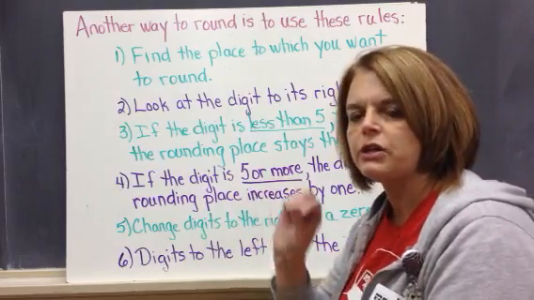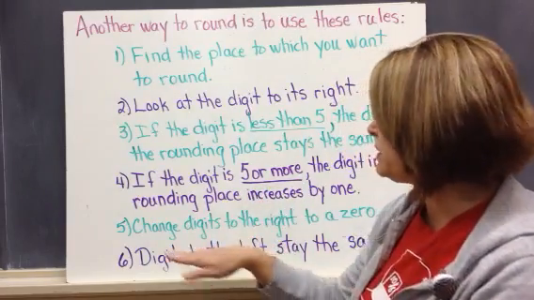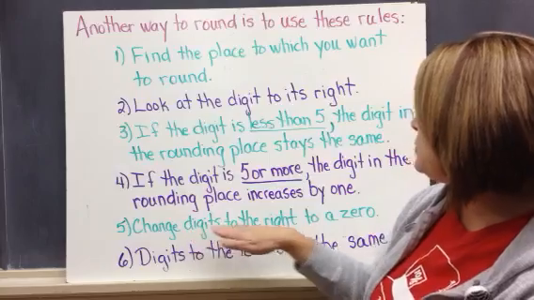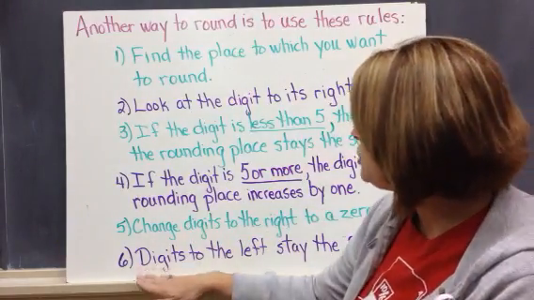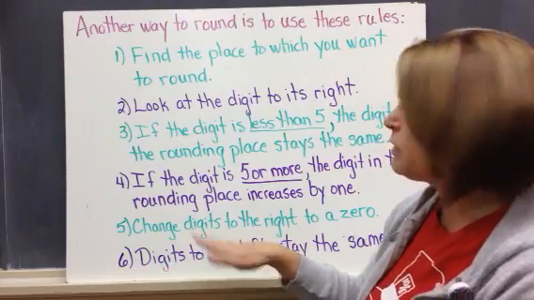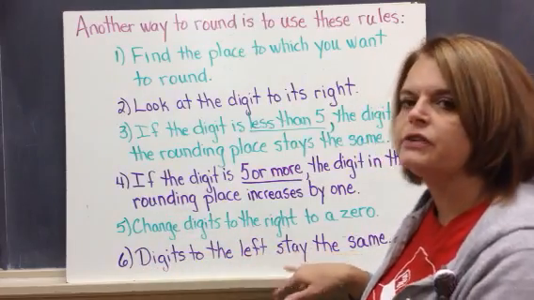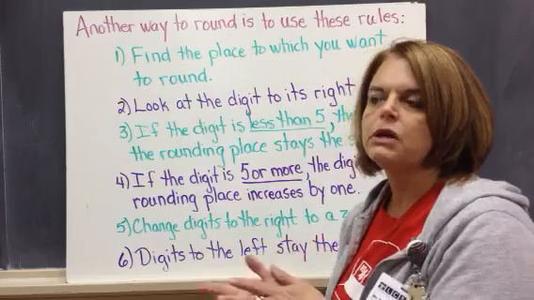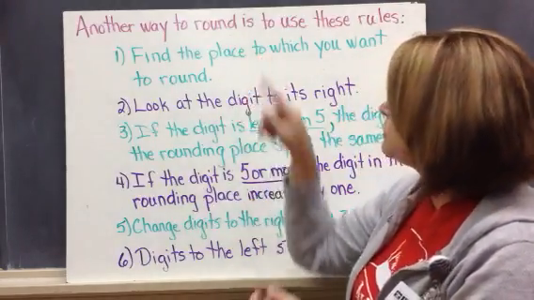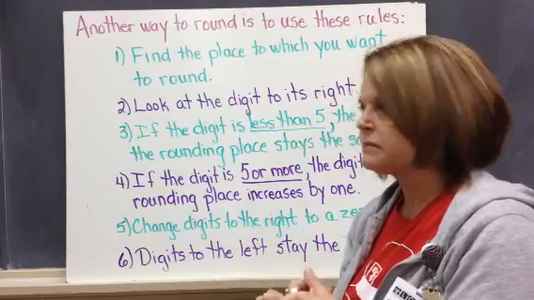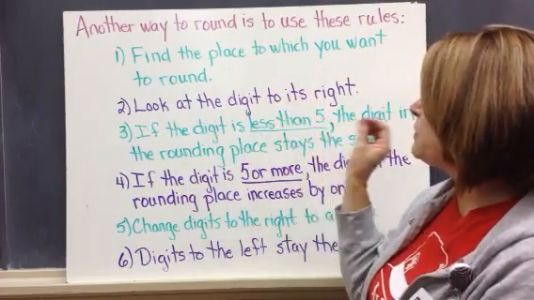Once you've either changed or not changed the digit in the rounding place, change the digits to the right to a 0. The digits to the left stay the same. So, if you're given a number to round to the hundreds place, you find the digit in the hundreds place. Look at the digit to its right.